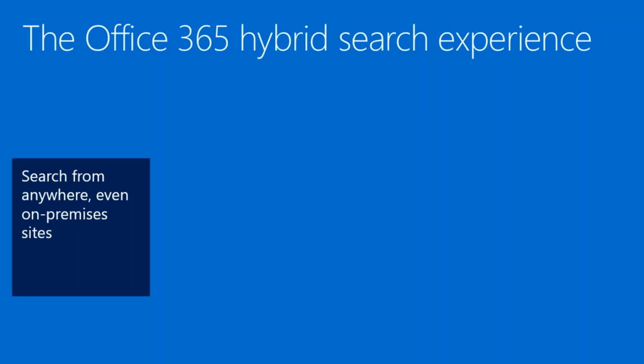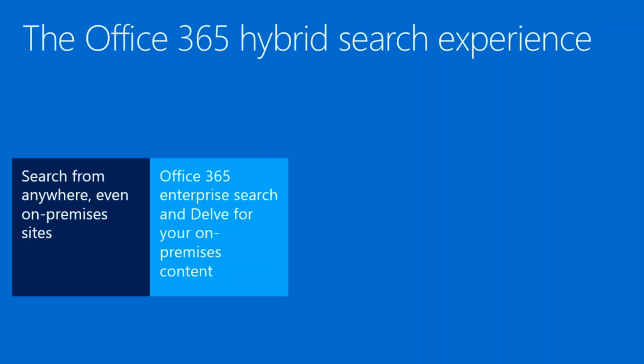The first is wherever you're executing a search, whether it's your on-premises search center, your Office 365 search center, your phone, a tablet, any app connected to your Office 365 tenant, you're going to get the same search experience, the same results, ranked in the same order. And that's a really powerful thing that this first pillar allows us.